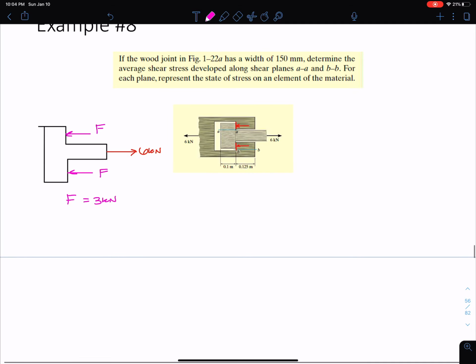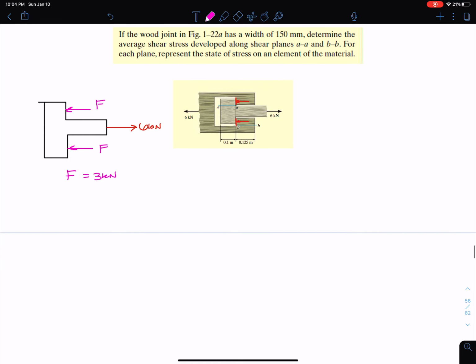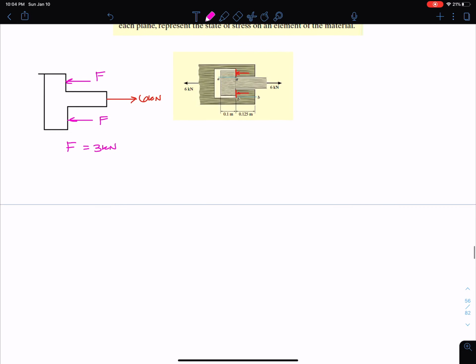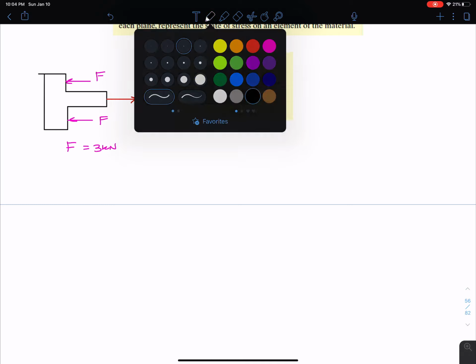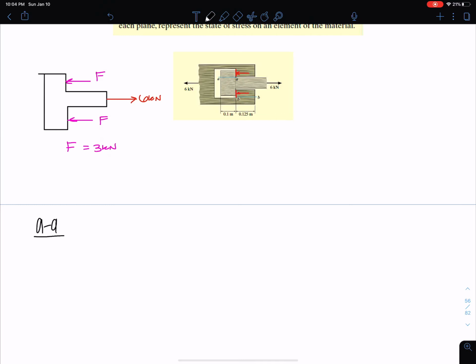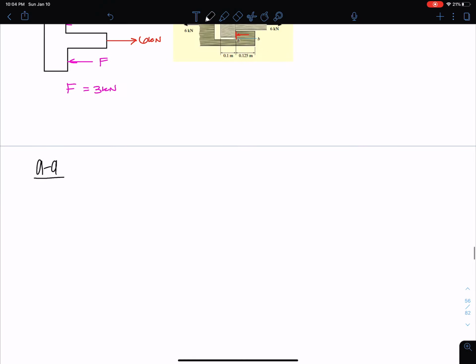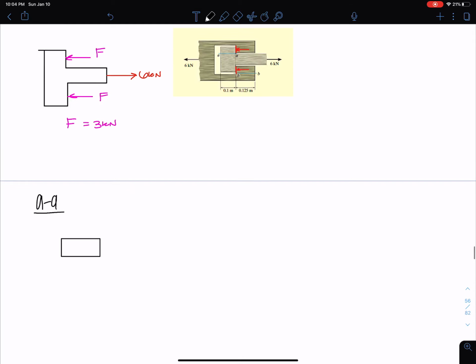The next thing is we want to isolate AA and BB, right? We want to figure out what's happening on those planes. So let's start with section AA. I know at AA I have that force F of 3 kilonewtons. And then when I isolate that AA, I'm going to get some shear at A, and we can see here that my shear at A is equal to the 3 kilonewtons.